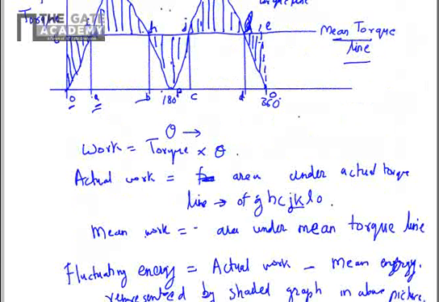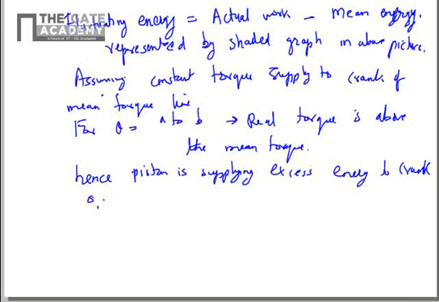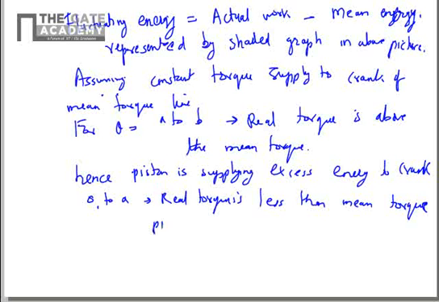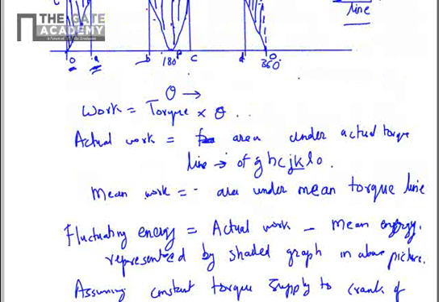Similarly, if you look at some other portion, let's say O to A, in that portion the real torque is less than the mean torque. So in this case, the energy will be taken out from the crankshaft. The piston takes energy from the crank because the real torque is less than the mean torque.